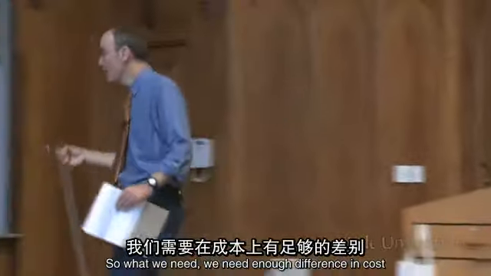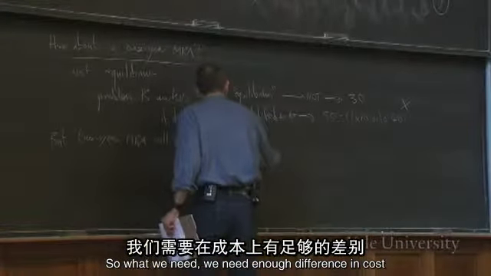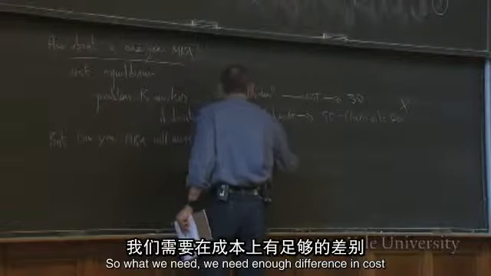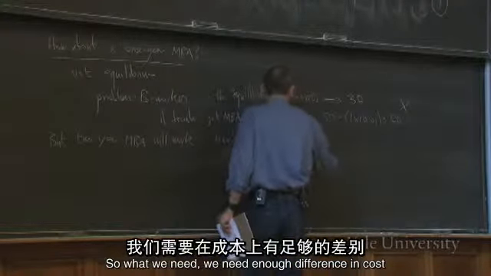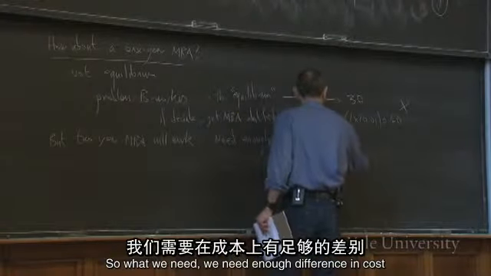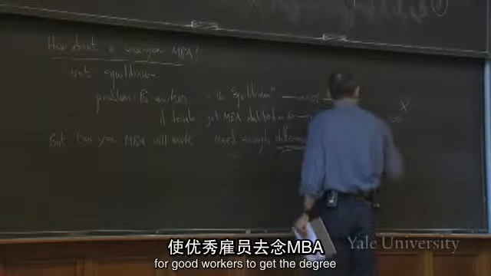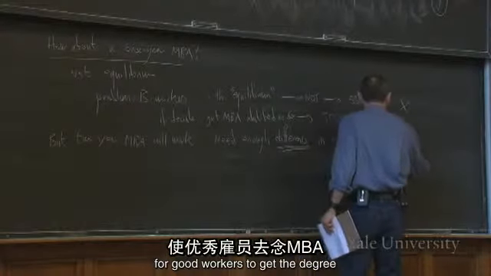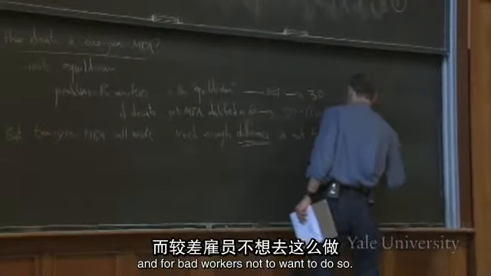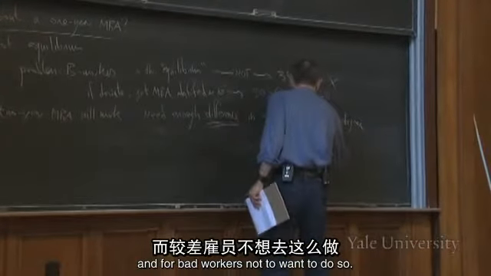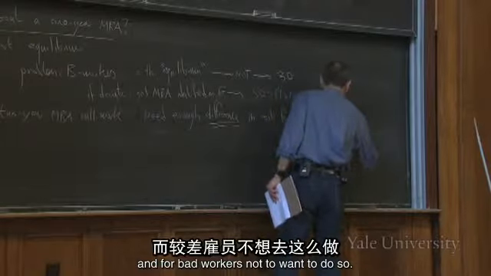All right? So what we need is enough difference in cost for good workers to get the degree and for bad workers not to want to do so.